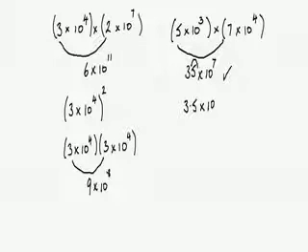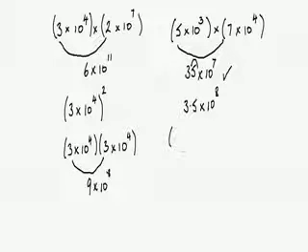Now because the decimal point has had to move once more, that means that the 7 goes up 1 and becomes 8. Because we've moved the decimal point once more, we have to show that by raising the power by 1.